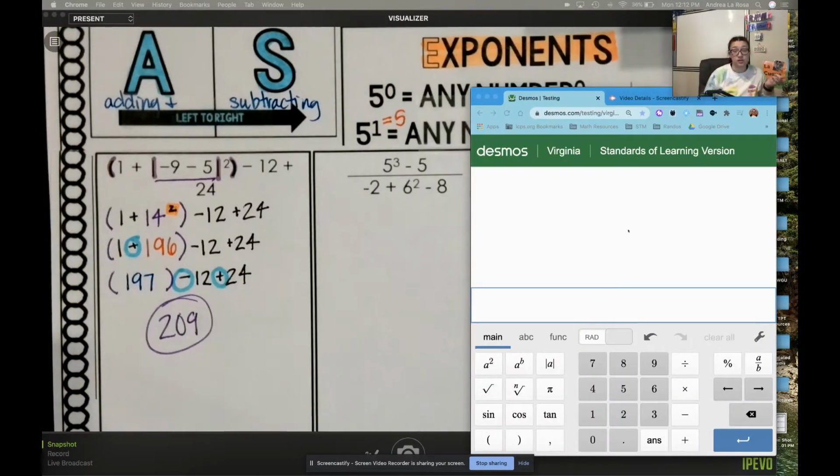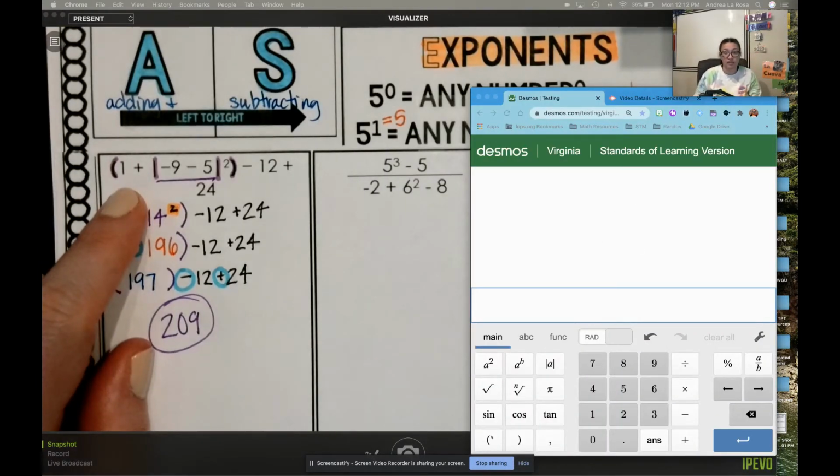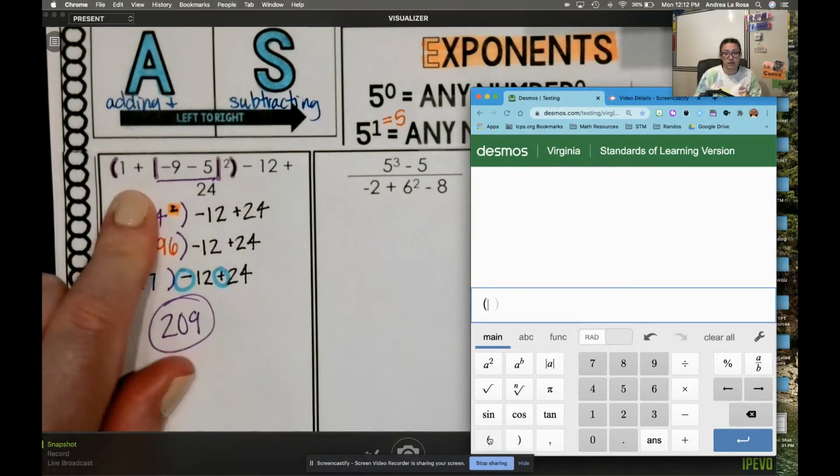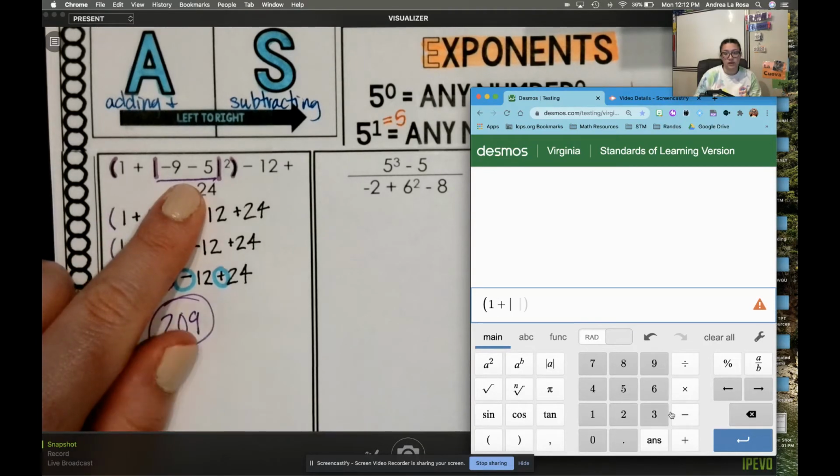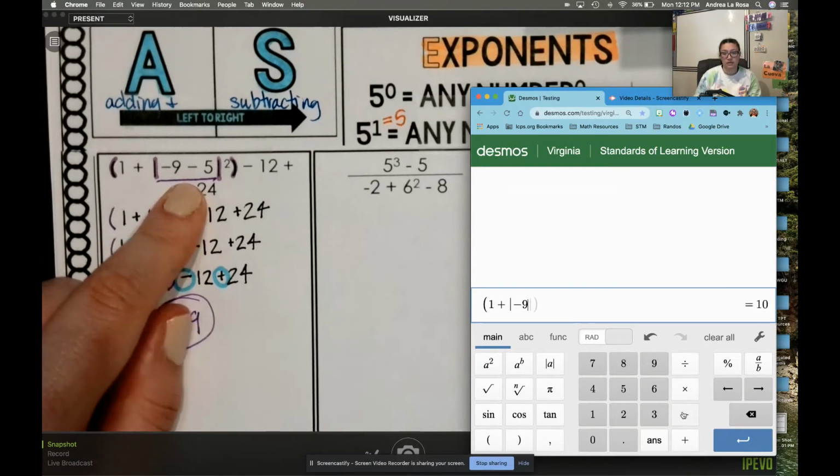So we can also do this in our calculator. I have my parentheses, so that's on the bottom left. Parentheses 1 plus my absolute value of -9 minus 5.